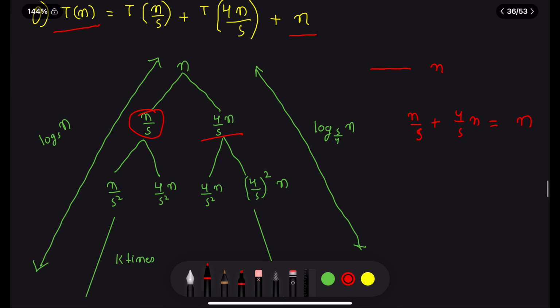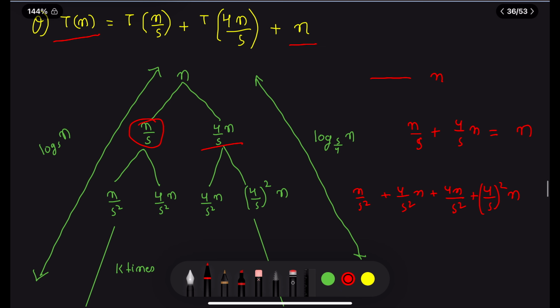For the third level we have 4 function calls: the first will be n/5 squared, the second 4n/5 squared, the third also 4n/5 squared, and the fourth will be (4/5) squared n.